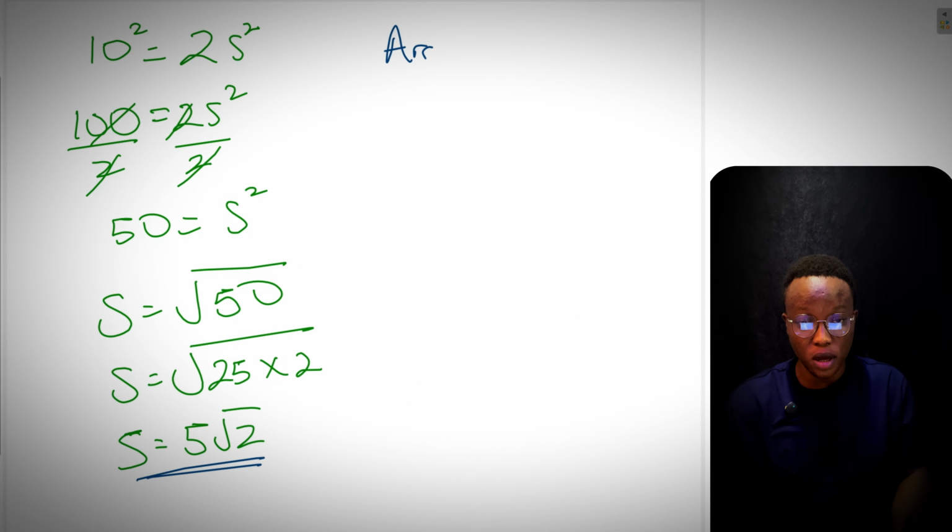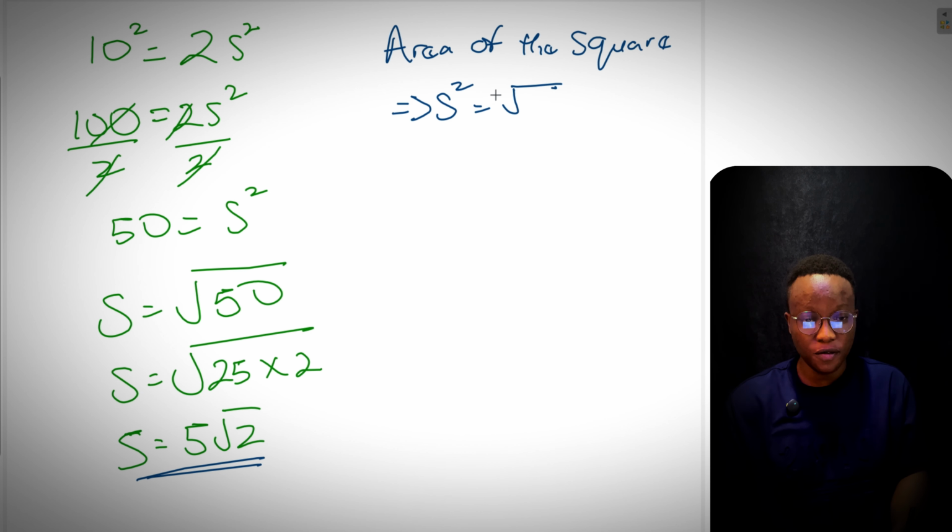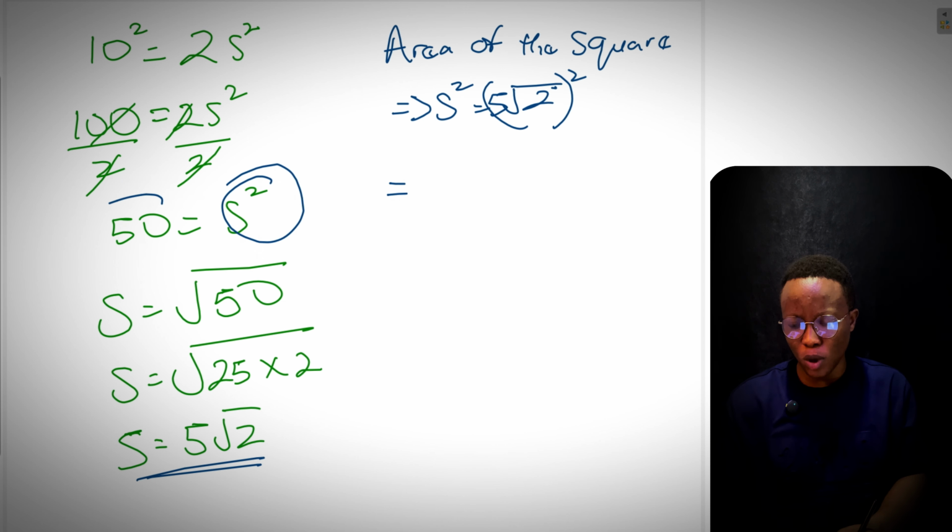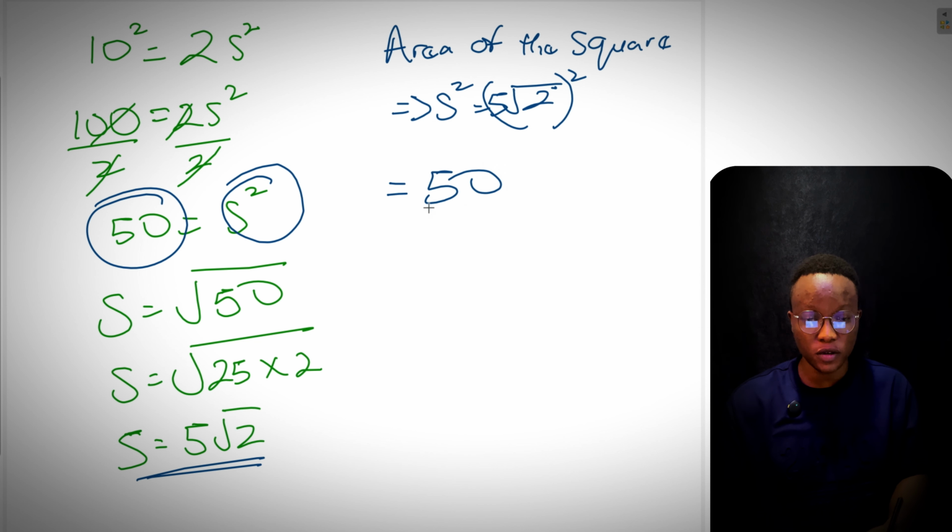Area of the square is equal to S squared, which is 5 root 2, all squared. We understand S squared, we have it here, which is 50. So S squared is equal to 50. So the area of the square is equal to 50 centimeters squared.